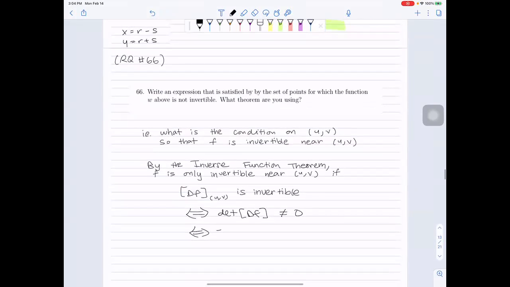The determinant in terms of variables is this. So this would be our expression: if this equals 0, then our function would not be invertible, but if it's not equal to 0, then it is invertible. Any questions on that?